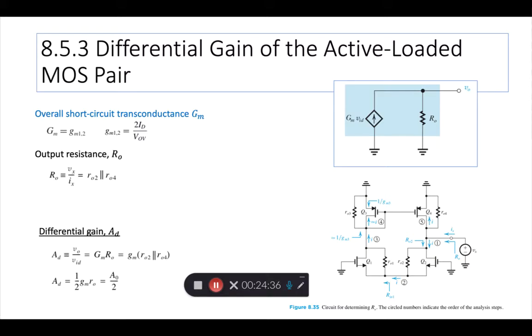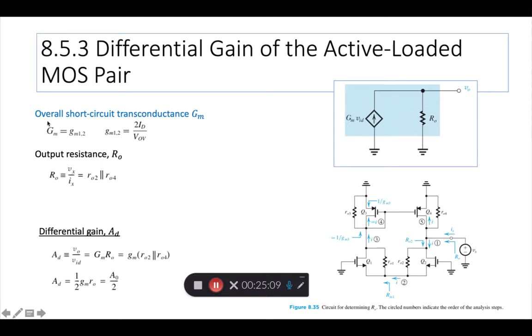We know they depend on the early voltage and so on, but you can see RO is shown here, RO2 is shown here, and RO4 is shown here. These come from the small signal modeling of the MOSFETs, both the NMOS and the PMOS. So those ROs, if you put them in parallel, you get the output resistance of this model.